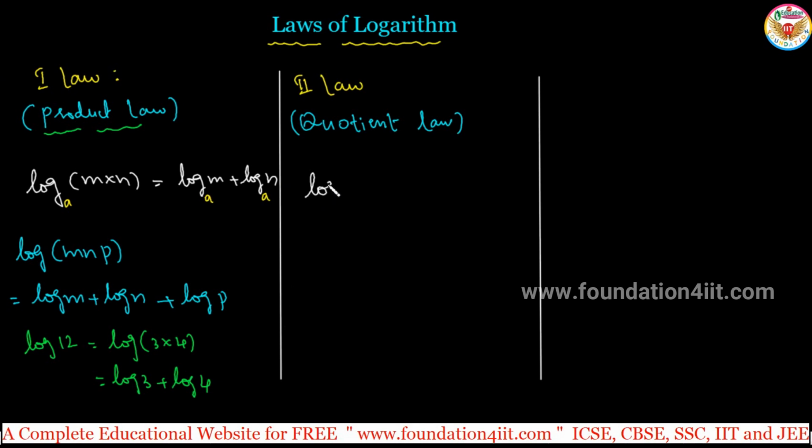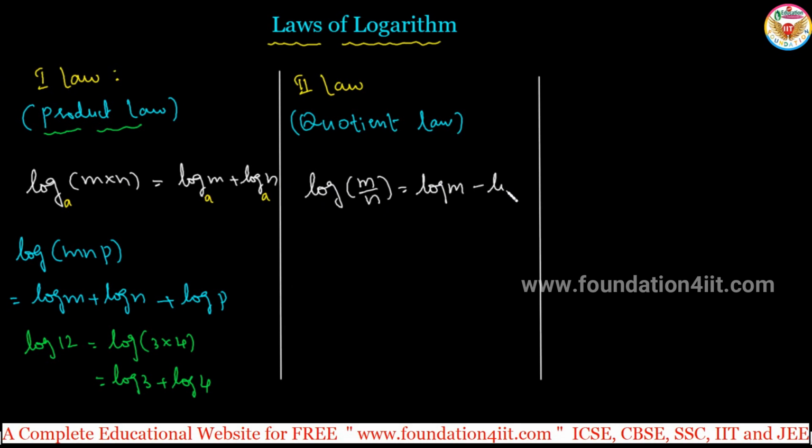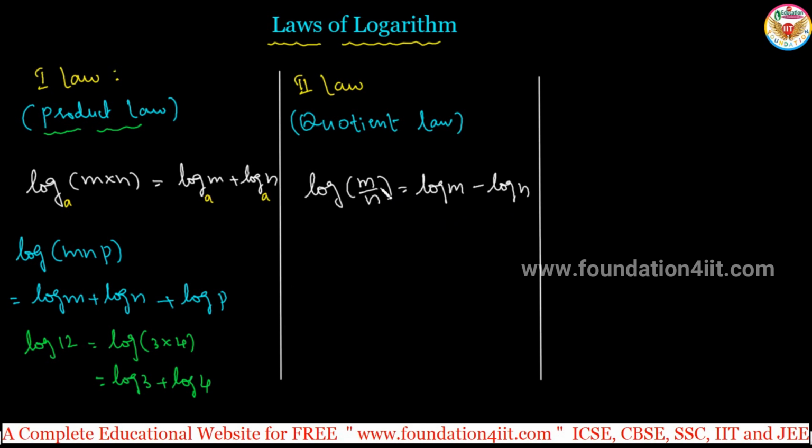That is, log of m divided by n is log m minus log n. If it is division, it should be minus. That means the logarithm of a fraction at any non-zero base is equal to the difference between the logarithm of the numerator minus the logarithm of the denominator. Log m by n is log m minus log n.